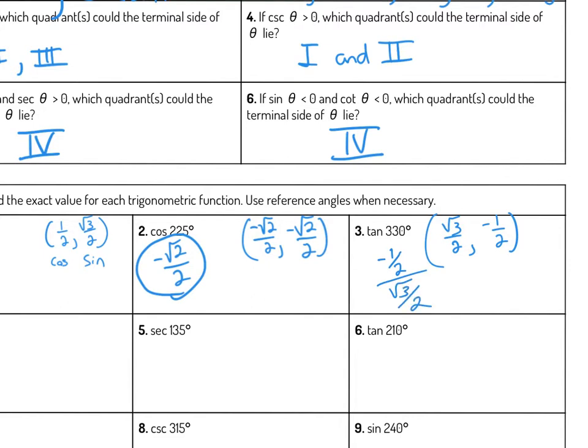And I hope we've done enough of these to know that the denominators, since they're the same, will cancel out. We're left with negative 1 over square root of 3, which, rationalizing the denominator, will be negative square root of 3 over 3. And that's what the tangent is.